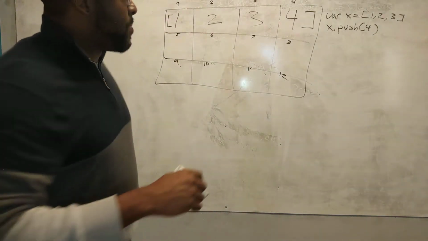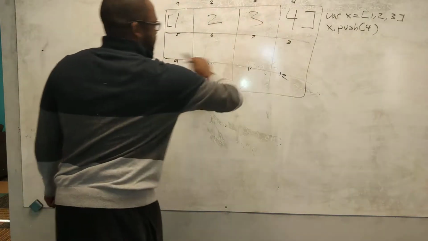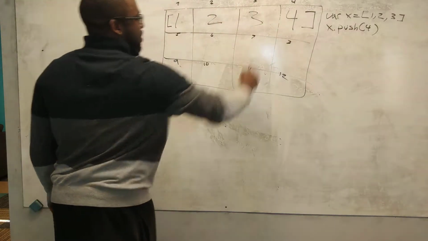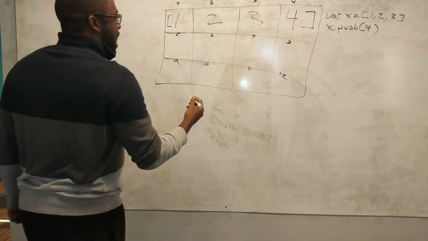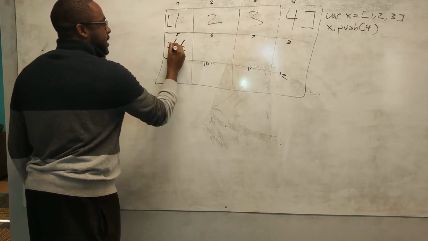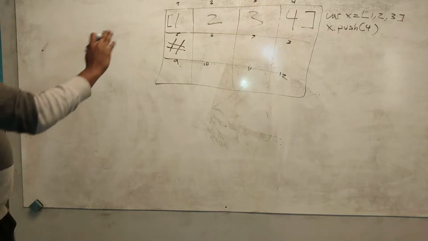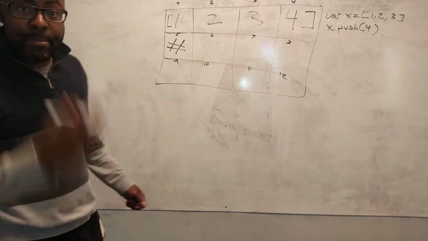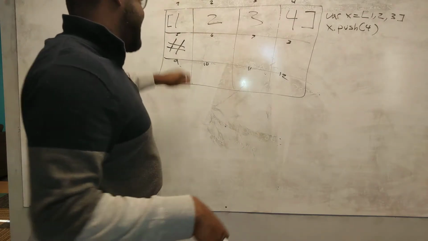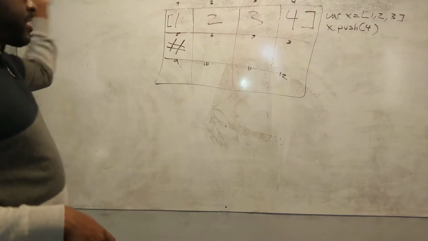But herein lies the problem. Let's say, as long as we go in order, like 1, 2, 3, 4, 5, that this is right after the number 4 box, okay? Let's use a pound sign to say that this box is taken up by something else in memory, okay? So this box is used by something else. We don't need to know exactly what it is, but it's used by something else in our computer.